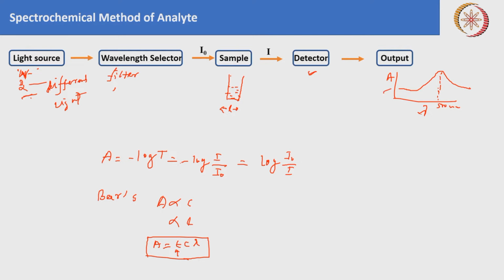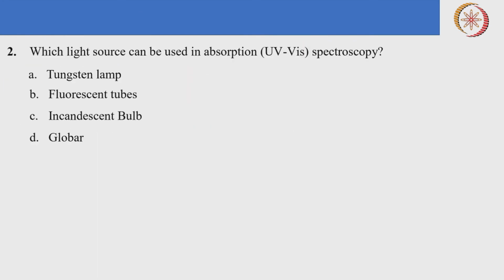Okay, so basically what we are measuring here is absorbance as a function of lambda, and in the UV visible region. So whatever light source you use, that light region should be in this UV visible range only.